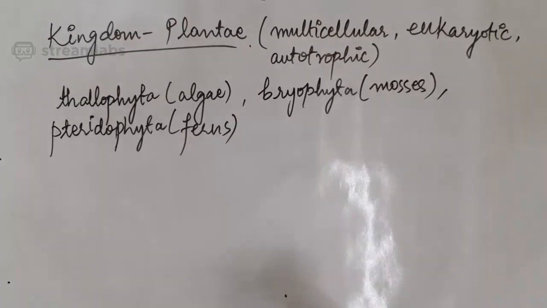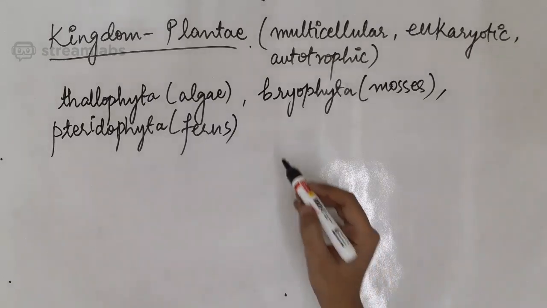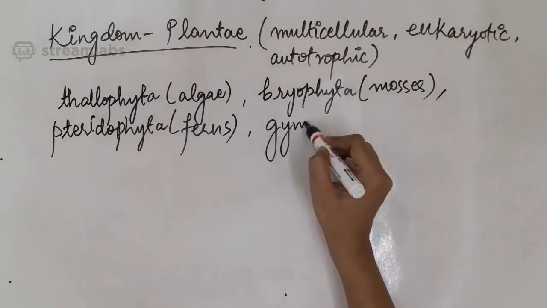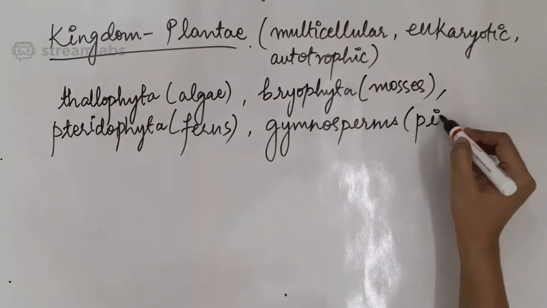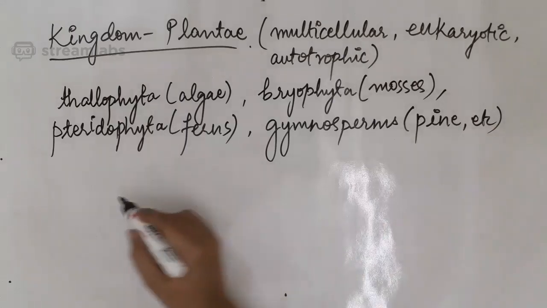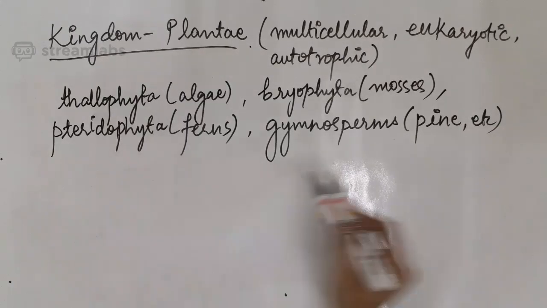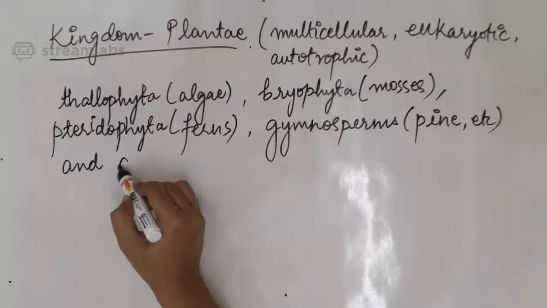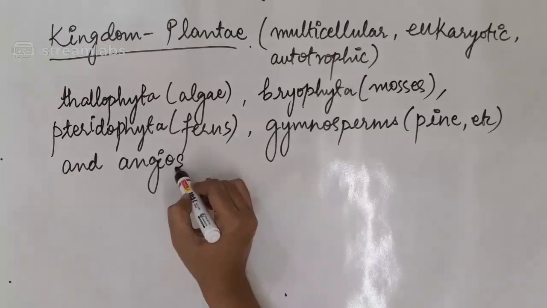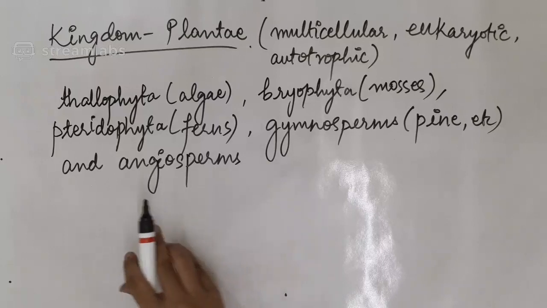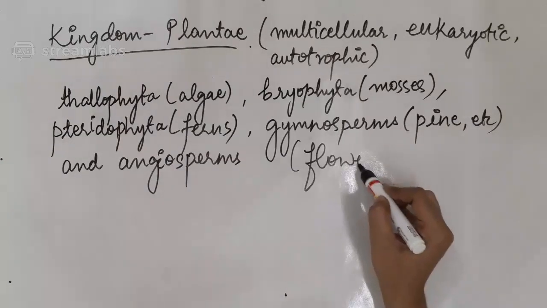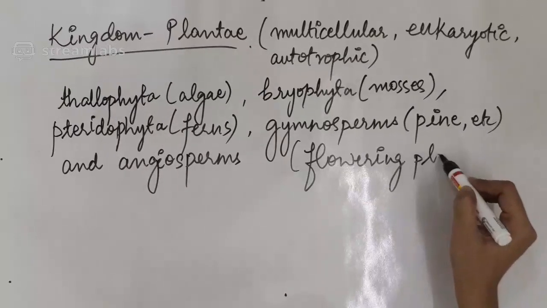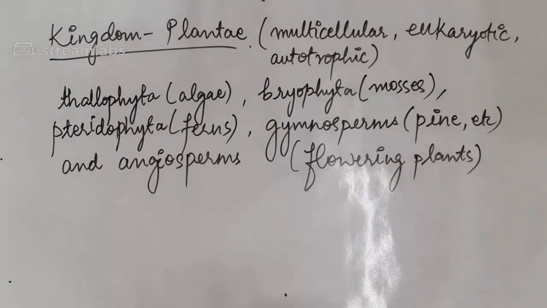Pteridophytes are the first land plants. Then the gymnosperms, which are like pine, etc. Last are the angiosperms. Angiosperms are the flowering plants, and also these are seed producing.